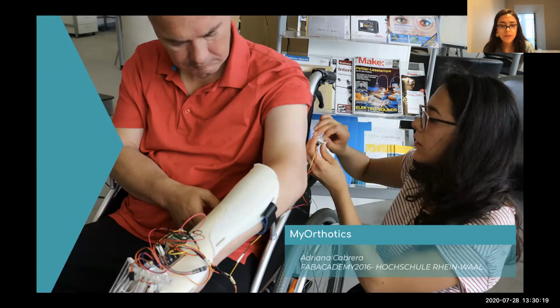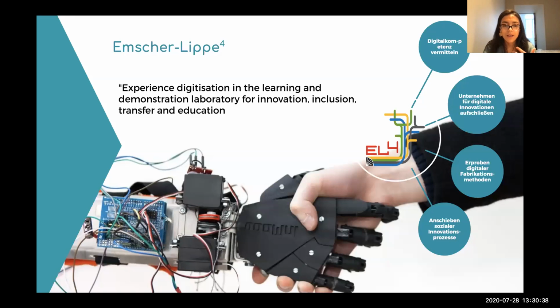Fab Academy was a very interesting workflow, working from the very beginning in digital fabrication. But it enabled me at that time to work directly with a person who has disabilities, and also with physiotherapists, and I have explored this from then until now in several projects.